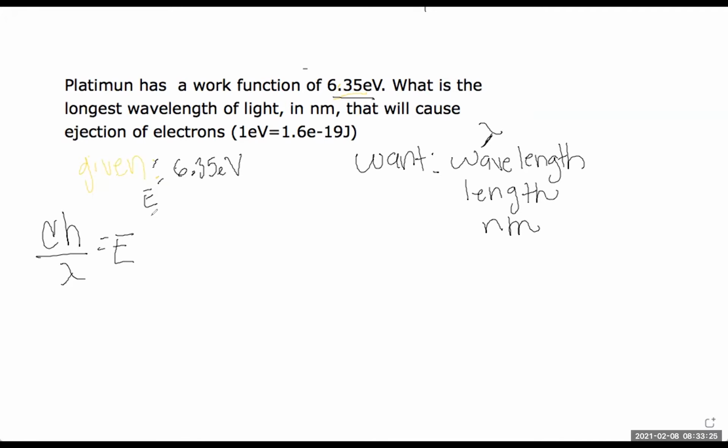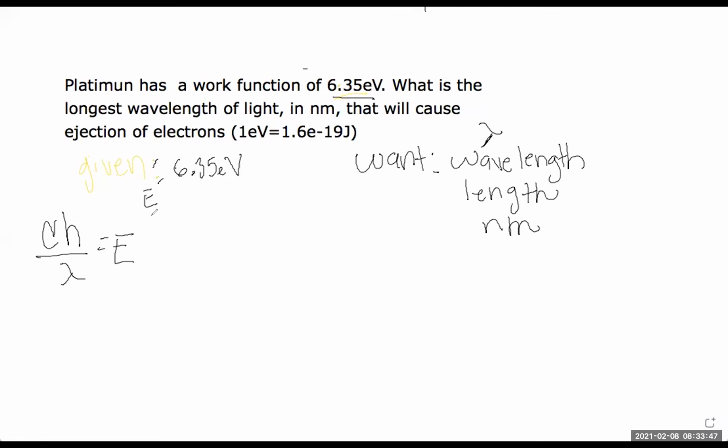So how can we get lambda by itself? This is just a regular manipulation of equations. Would you multiply the other symbol to get it to the other side? Which one? Or the lambda.